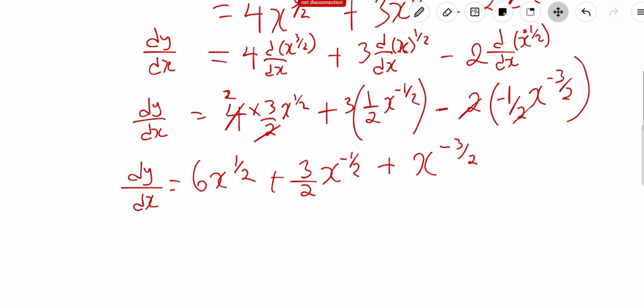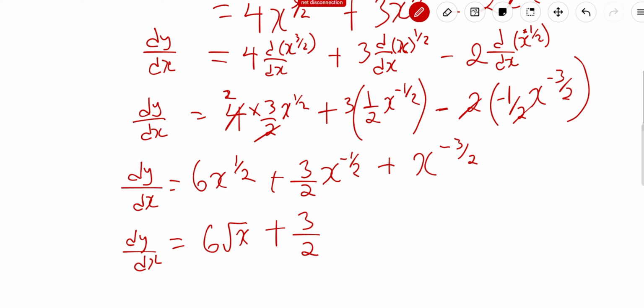The next step is dy over dx is equal to 6 root x, because that's what x to the power of 1 over 2 means. So x to the power of 1 over 2 multiplied by 6 can be written as 6 root x, plus 3 over 2 times 1 over root x.